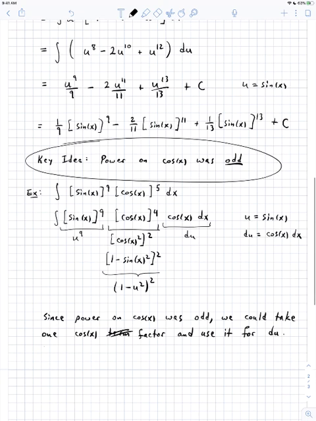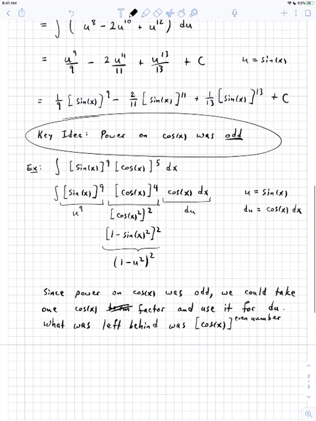But importantly, what was left behind was cosine of x raised to an even number. And because it was cosine x raised to an even number, you could convert this into sine x terms. And that was the basic idea.